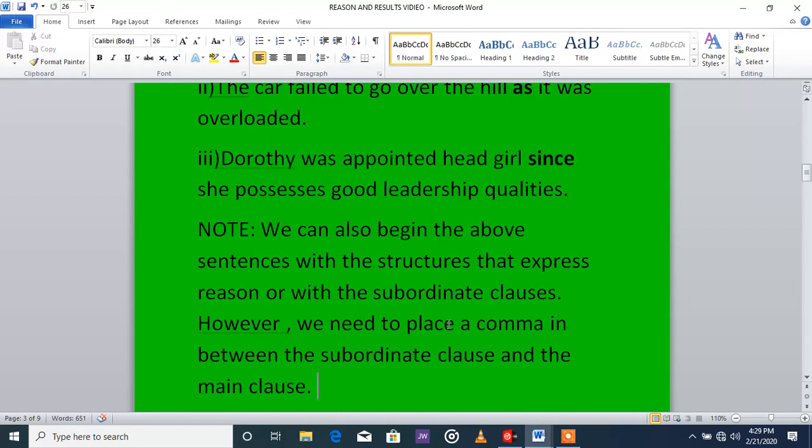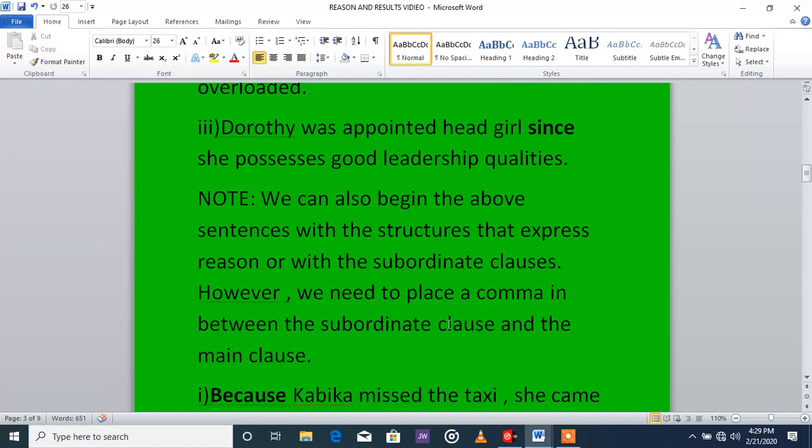Now, note, we can also begin the above sentences with the structures that express reason, or with the subordinate clause, meaning we start with the reason, and the result will follow later. What we need to do is place a comma between the subordinate clause and the main clause, meaning between the reason and the result.